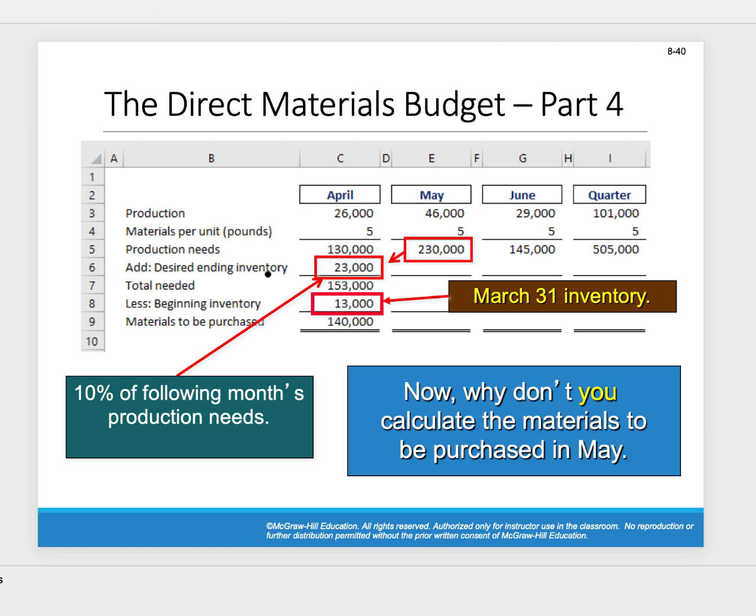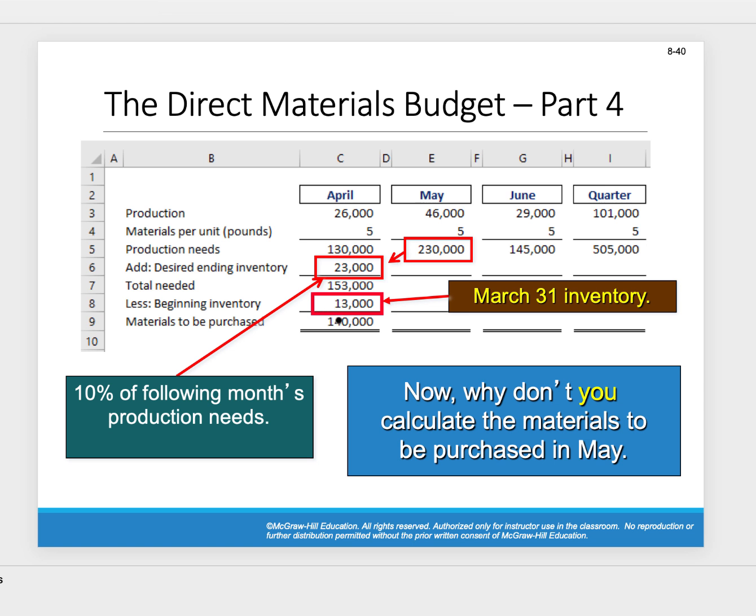Okay, so I get my total needs. Then I subtract out my beginning inventory, which they already told us was 13,000. That came from March 31st, their ending inventory balance. So how much do I need to purchase? I've got to purchase 140,000.